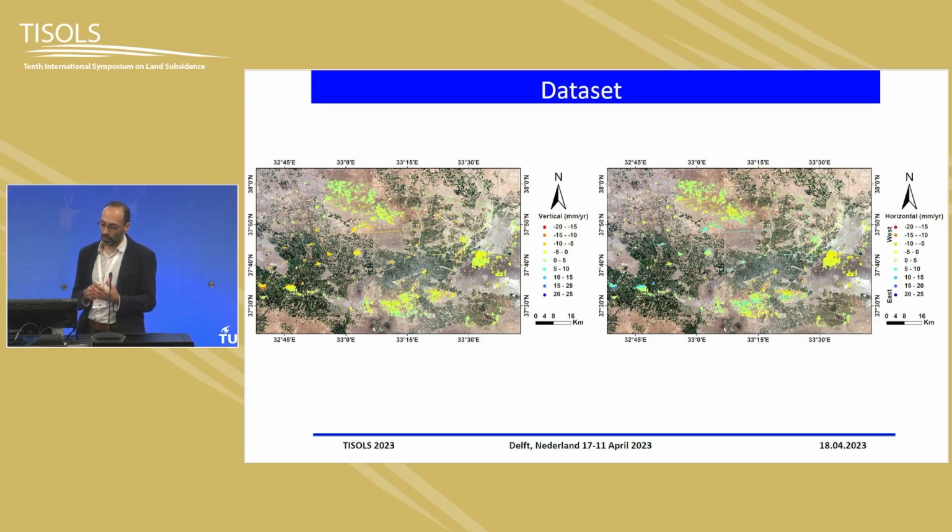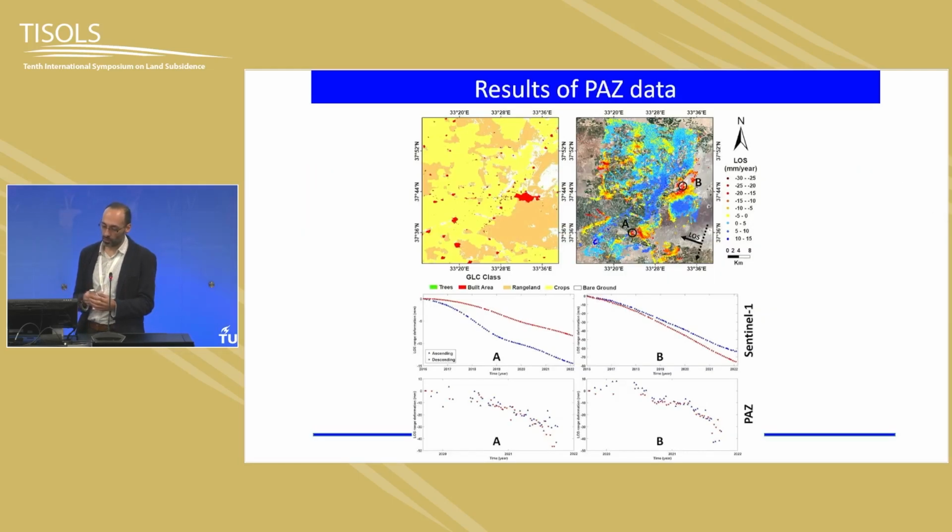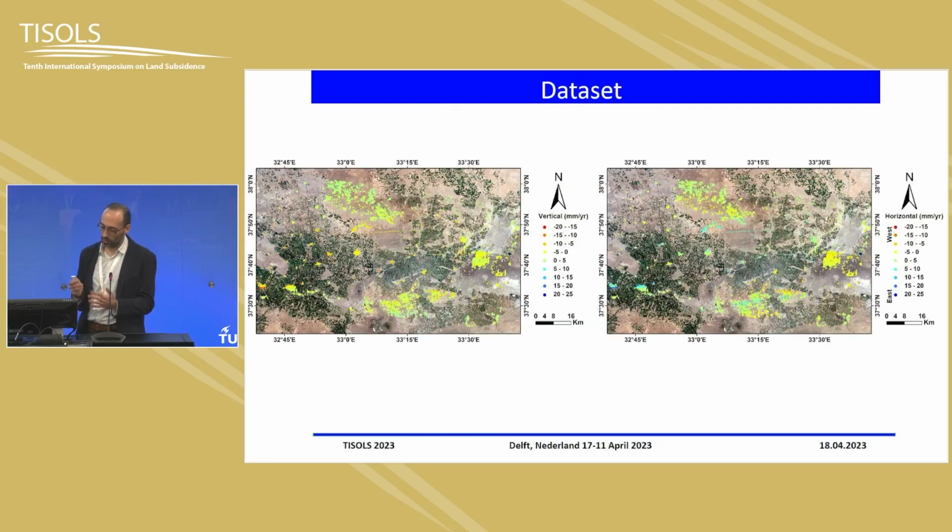And as we applied a grid approach here to cover both data sets, the area is also not so large, providing just the cities and some bare lands, compared to the PAZ data again here. Mostly the cities provide mostly vertical, and there are also some small horizontal movements.